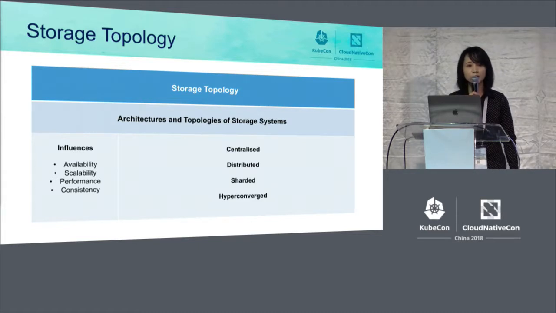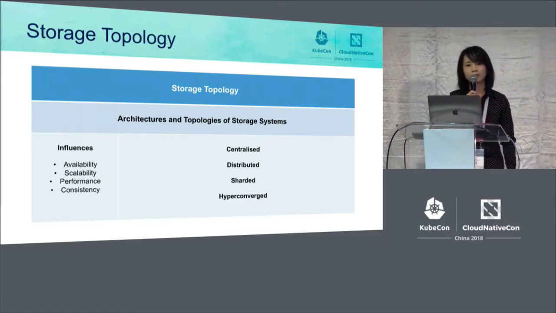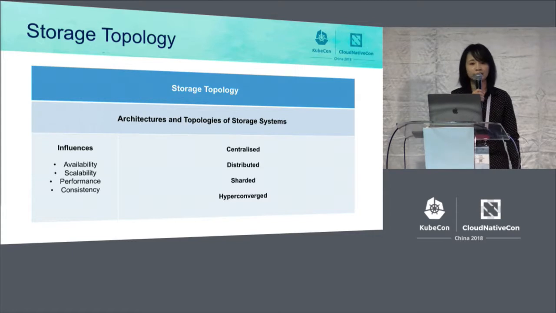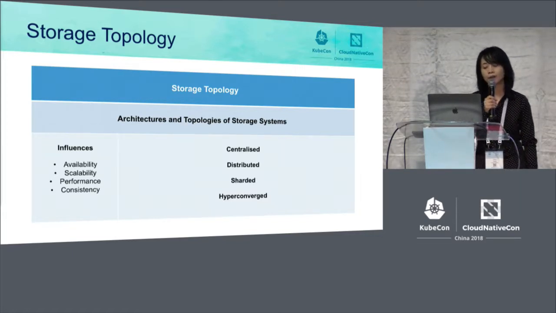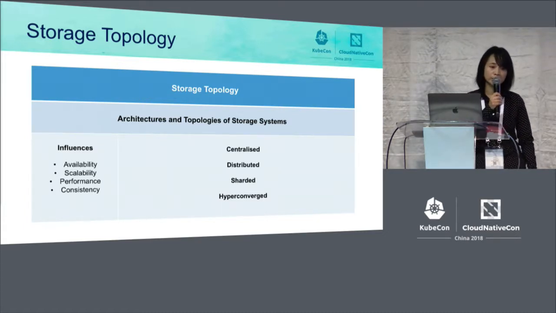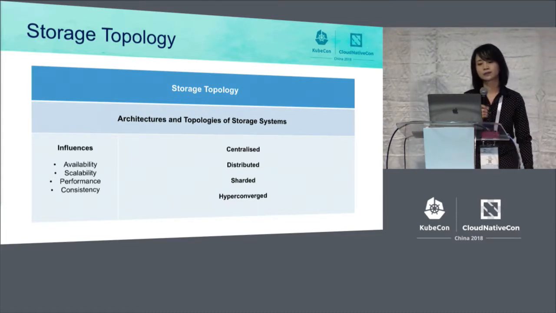For centralized topology, usually you have a small number of nodes tightly coupled with each other, and usually many vendor-specific hardware storage solutions use this, and it can be scaled up, and it is more consistent with lower latency compared to distributed systems. And then this usually is used in many block-based systems.